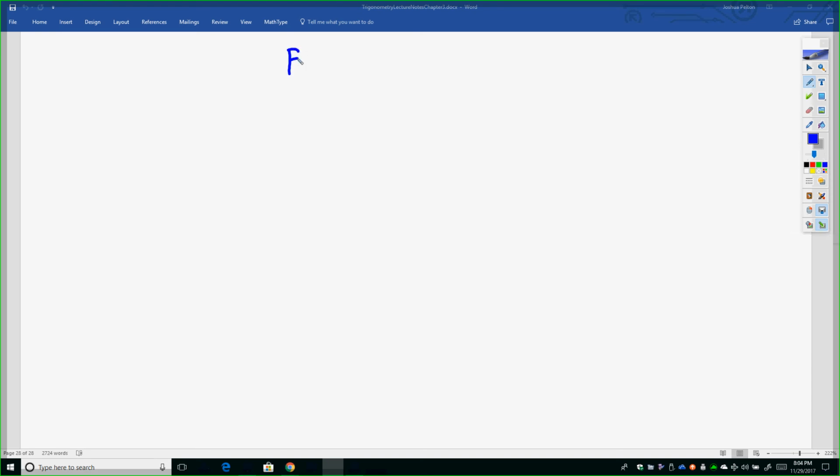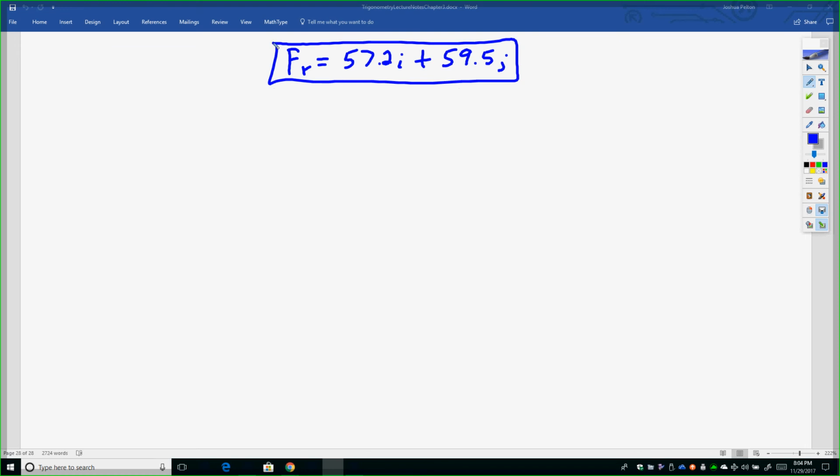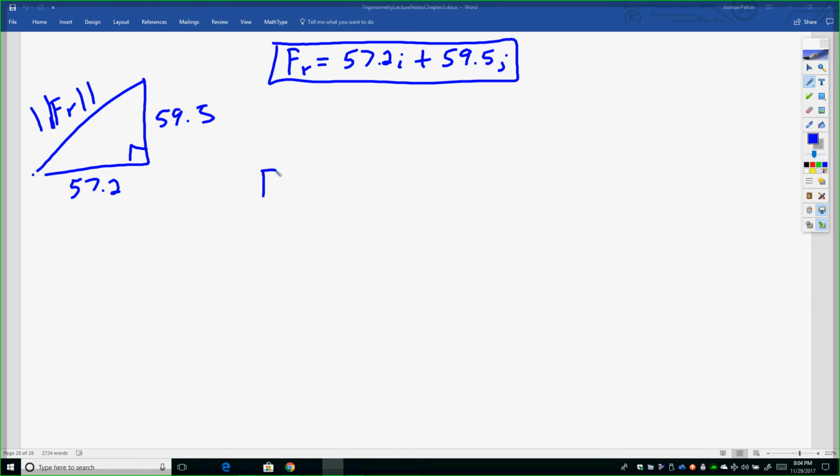Okay, so if my vector is 57.2i plus 59.5j, then I have a triangle that looks like this essentially. 57.2 and 59.5. So that is my magnitude there. So using the distance formula, which is Pythagorean theorem, the resultant is the square root of 57.2 squared plus 59.5 squared.